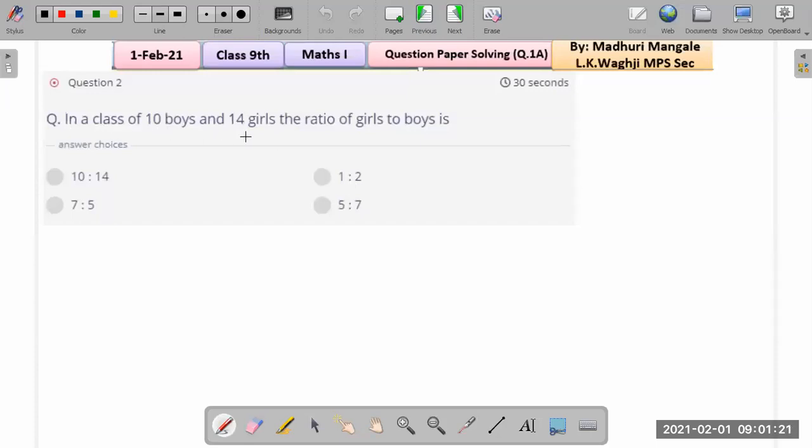So you have to find the ratio of girls to boys. That means first you should write the number of girls and then you should write the number of boys. So what is the number of girls? It is 14 over the number of boys, which is 10. Okay, and then bring this down to simplest form.